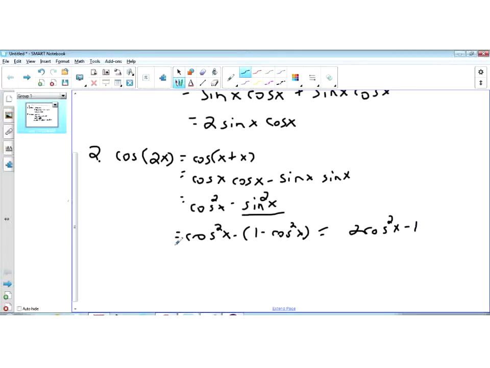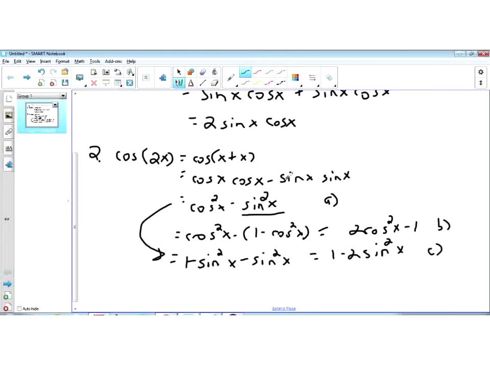Or if you want to express cosine of 2x in terms of sine, we can take this formula and replace cosine squared x with its Pythagorean identity, which is 1 minus sine squared x, minus sine squared x, which is equal to 1 minus 2 sine squared x. So there are three representations for the cosine of 2x.